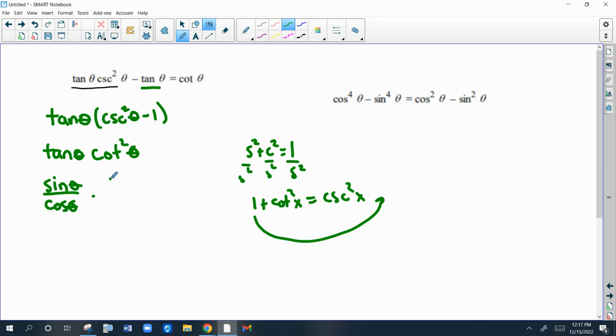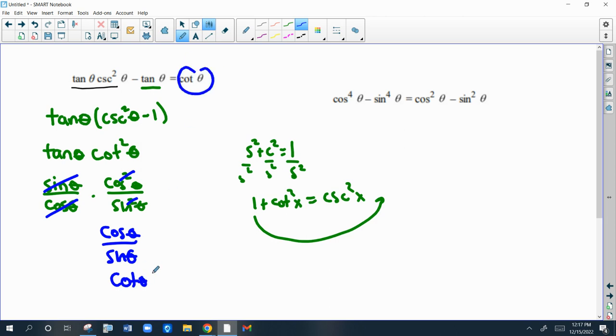So cotangent is cosine over sine. That's multiplication, so you can cross cancel here. And you can see you're left with cosine theta over sine theta. And cosine theta divided by sine theta is cotangent theta. And there you go. That's what we were looking for. That works.